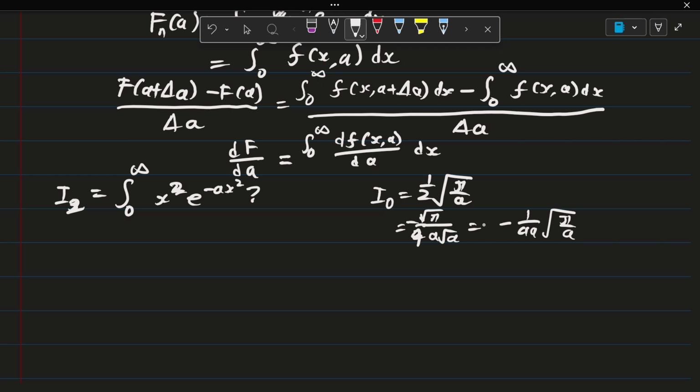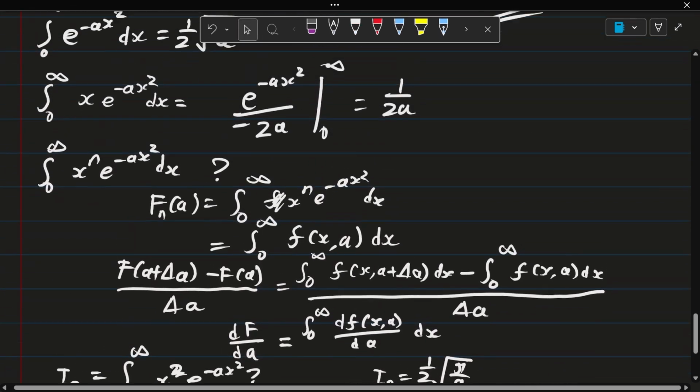Now, this is dI0 over dA. But this should also equal the derivative of the integral from 0 to infinity of our function, and we could just take the derivative straight away.